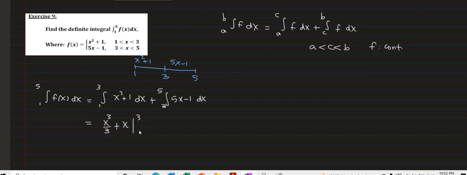We substitute by 3 minus substituting x by 1, in addition to the 5 here which would drop, and the integration of x is x power 2 over 2 minus 1, which is the integration of 1 giving x, and we substitute here by 5 minus substituting x by 3, and then we get the final solution.